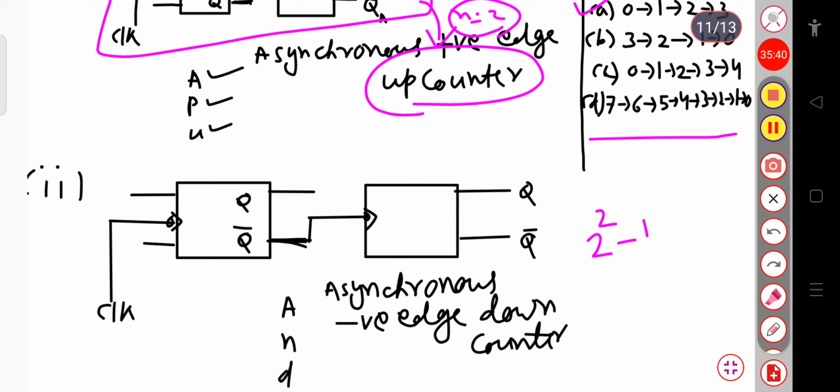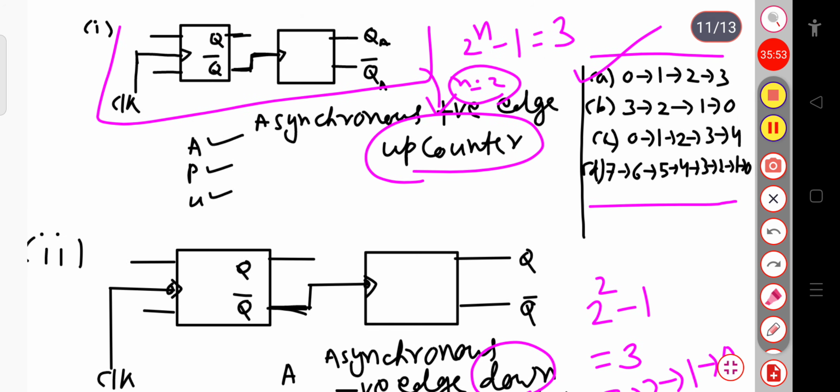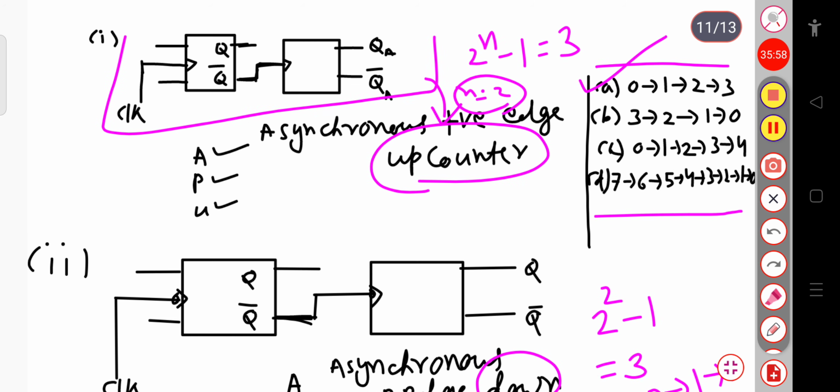Since it is a down counter, it will start from 3, that is the high value, to the low value, that is 3, 2, 1, then 0. So from this option, for the second question this will be the answer, and for the first question this will be the answer.